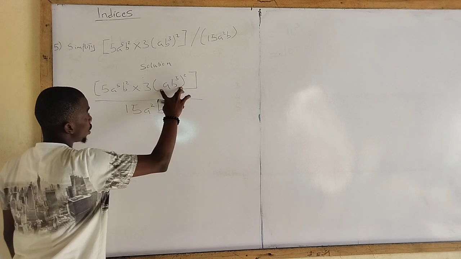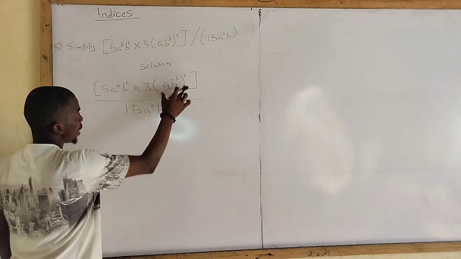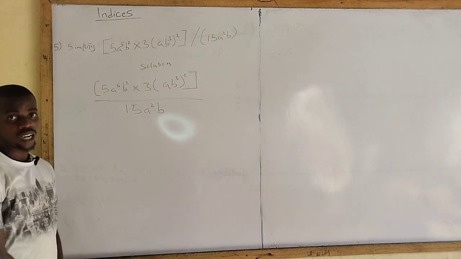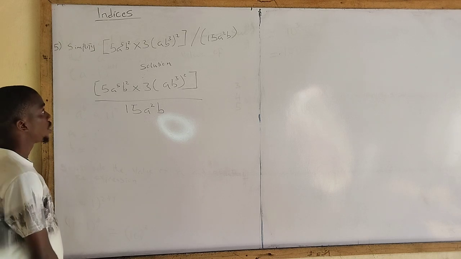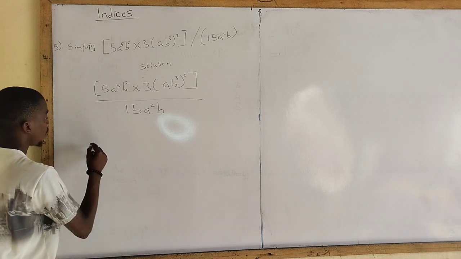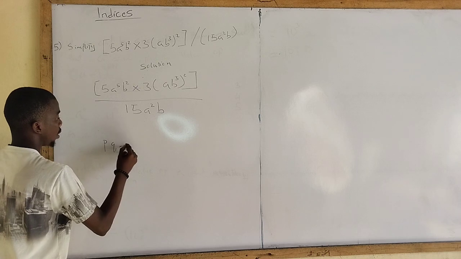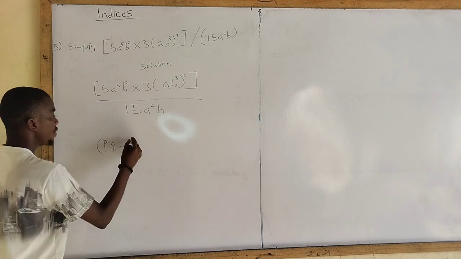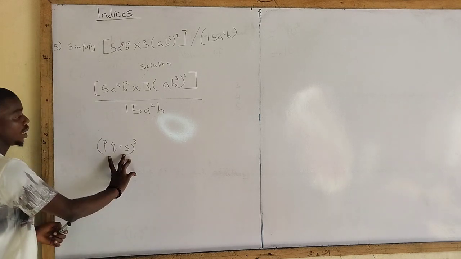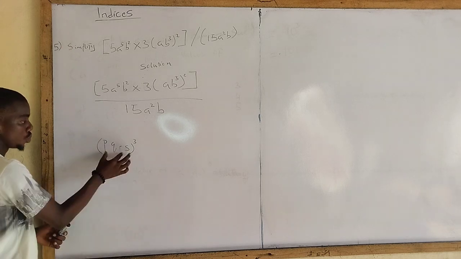Considering this first enclosure, what rule can be applied here? There's a rule we call the product power rule. That rule simply says that if you have multiple numbers or algebra like this, what do you do?